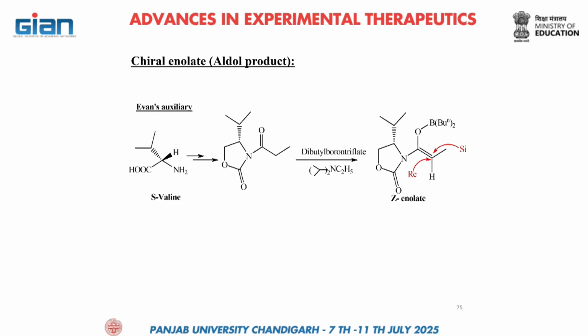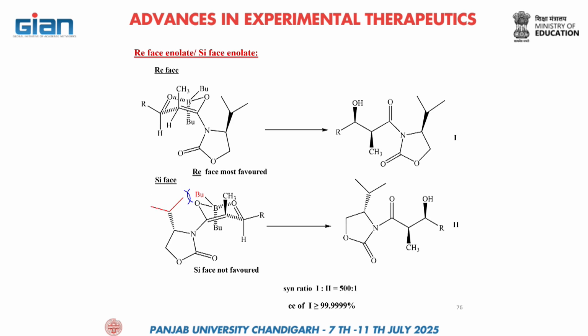Now can you see 5 membered cyclic ring and there is one group, isopropyl group आपको नजर आ रहा है उसमें? That isopropyl group is lower the plane. Okay, so when you are reacting it, the reaction is such that if that isopropyl group is going to create a steric hindrance from the lower face, the product will be from the upper face.